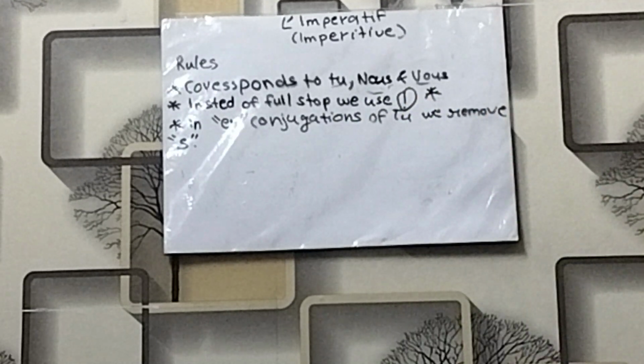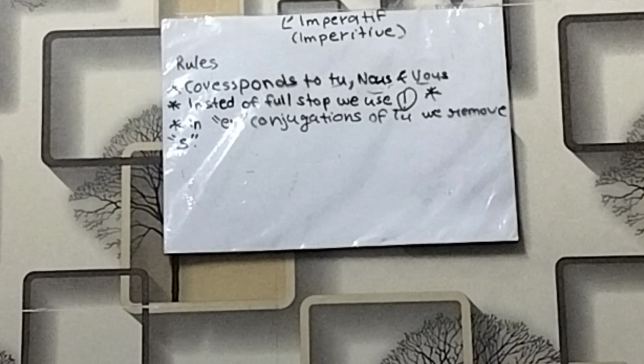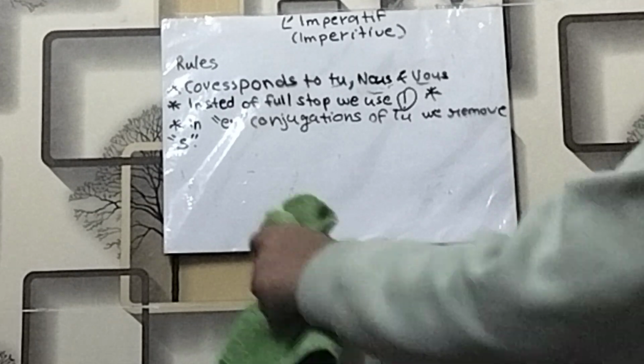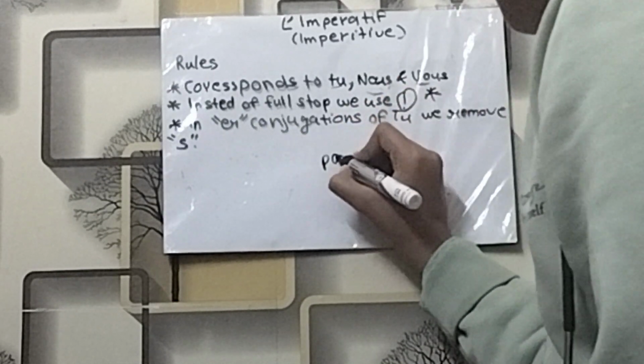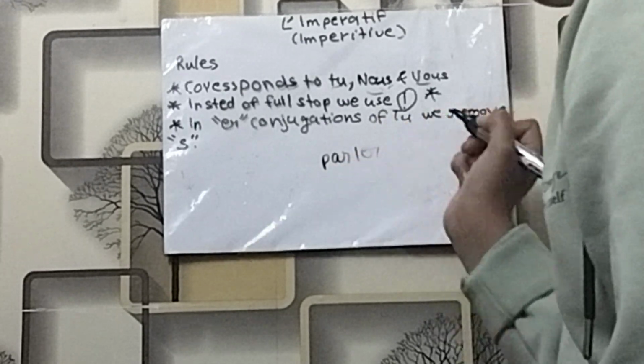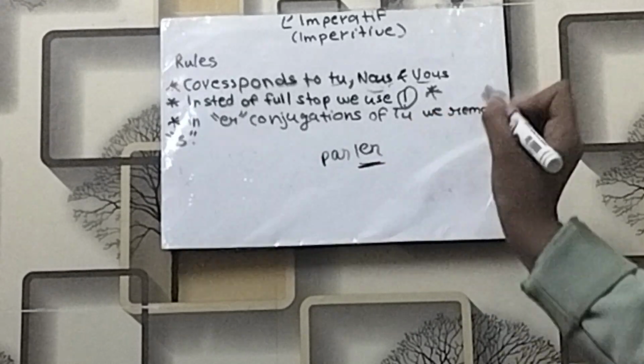Now our last rule: in ER conjugations of tu, we remove the s. For example, parle. This is an ER ending verb.